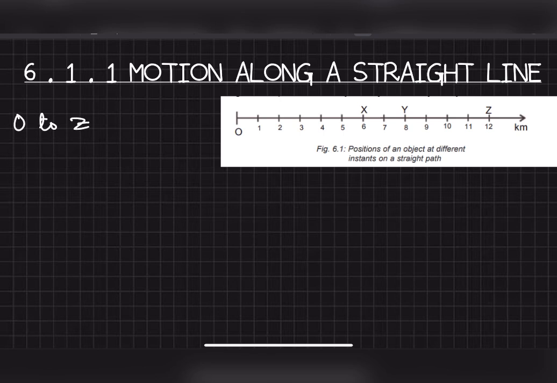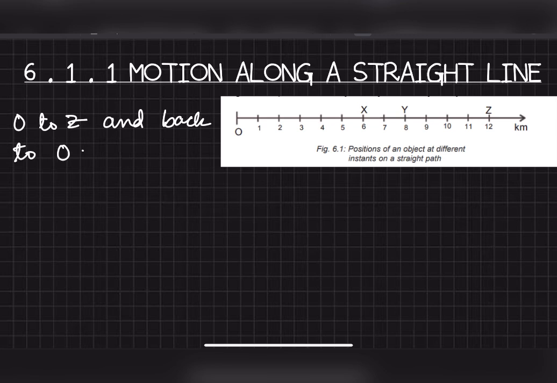What if, let's say, you are moving from O to Z to Y to O again. You have started from here. You have moved like this. Let's directly write down O to Z, back to Y, and back to O again.